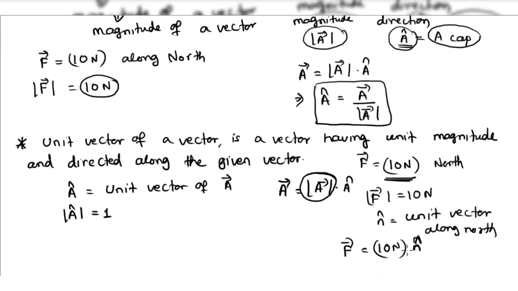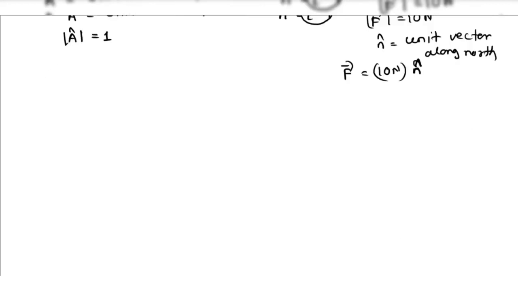If you put the magnitude of N cap as 2 or 3 or any other value, then the magnitude of force will not be equal to 10, that will be different from 10. So if you multiply 1 with 10, then you will get the magnitude of force as 10 Newton. So that's why remember that unit vector has magnitude 1, and the unit vector represents or contains the direction of the given vector.